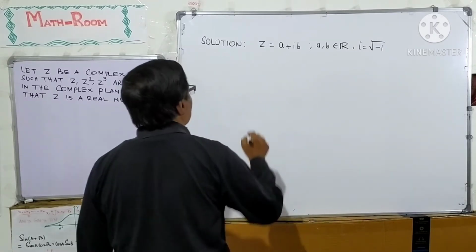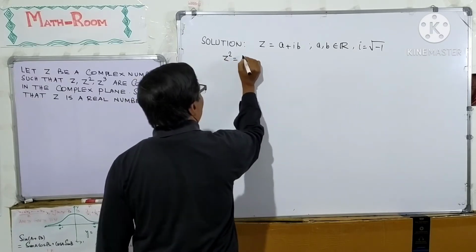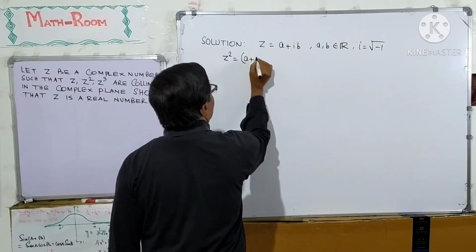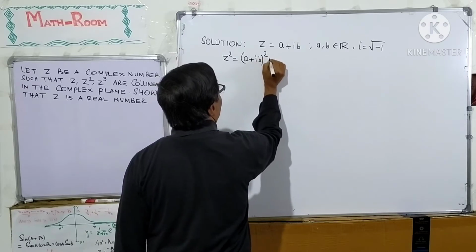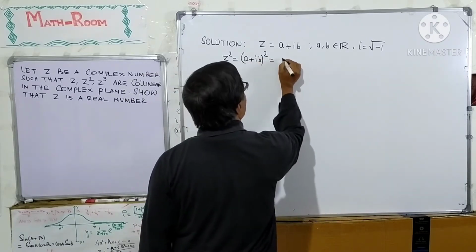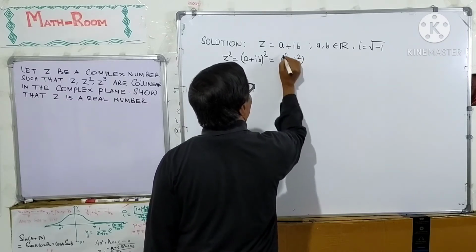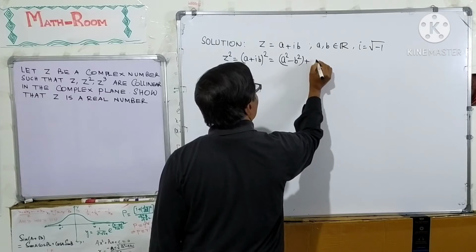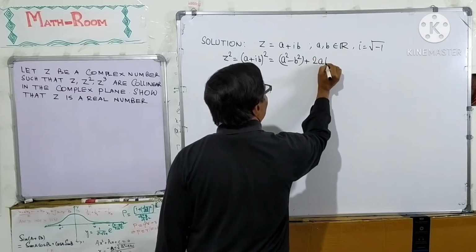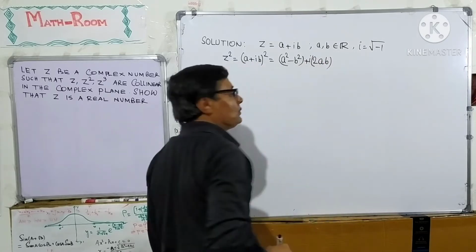Now, z square equals a plus ib whole square, which can be simplified as a square minus b square plus i into 2ab.